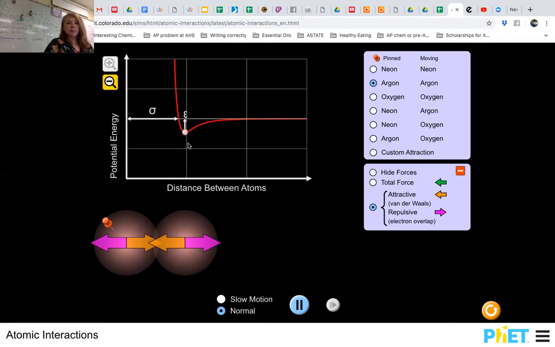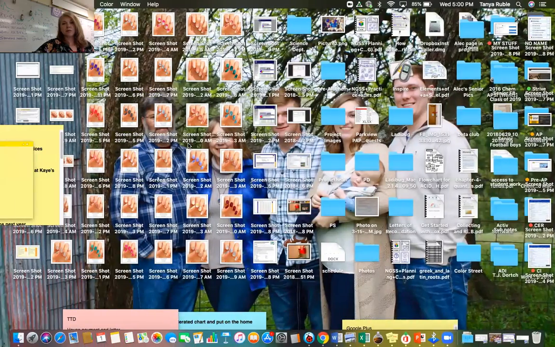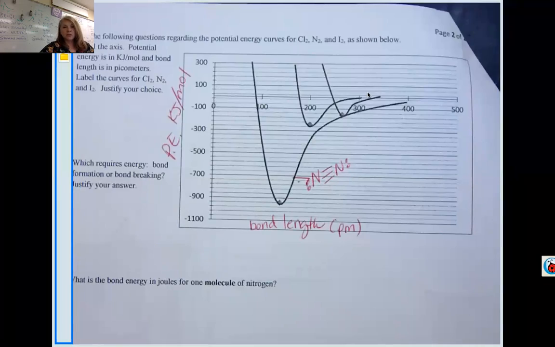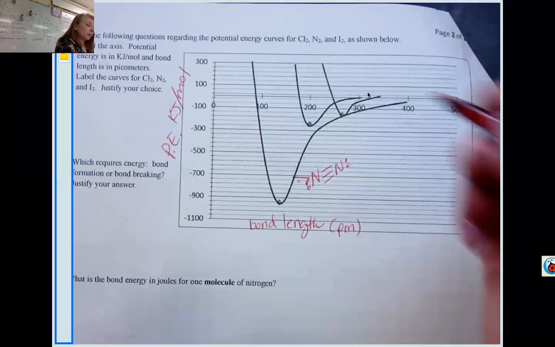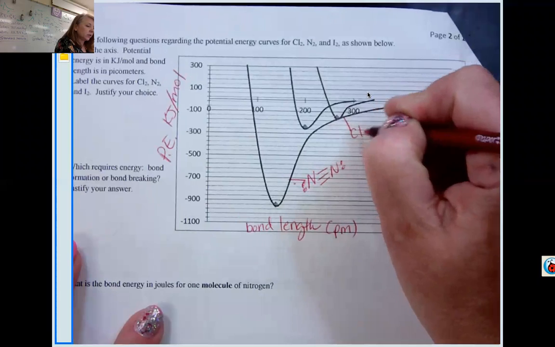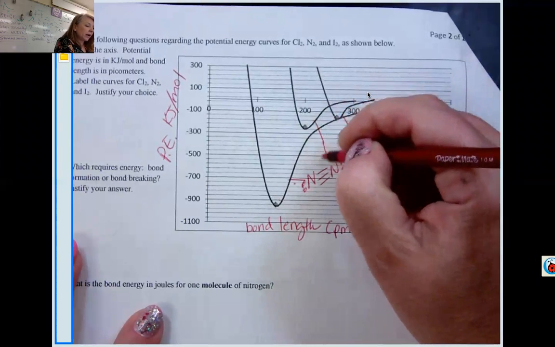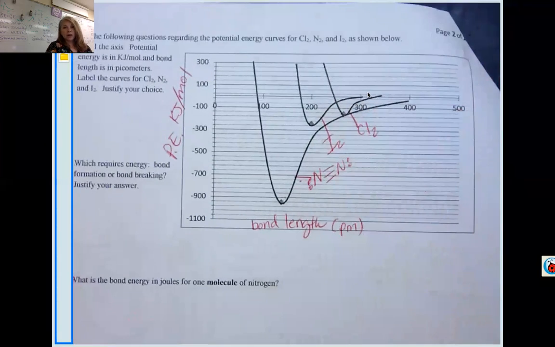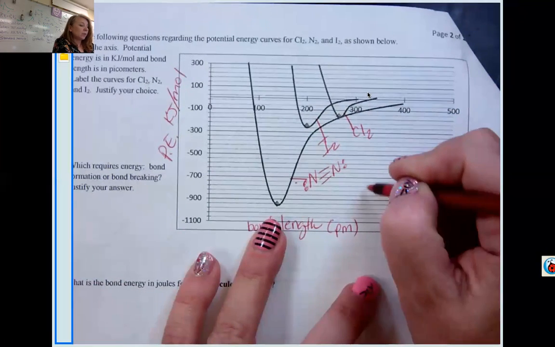So let's think about where we are on our periodic table, with these two. We've got chlorine versus iodine. And chlorine is a much smaller atom, so that would be this one, Cl2. Iodine is bigger, I2, and it has to do with the attractive and repulsive forces. And so we're dealing with Coulomb's law here.